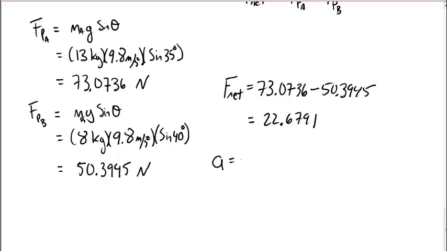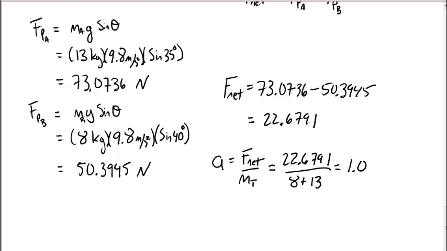My acceleration will be my net force, the force that is left over, divided by my total mass: 22.6791 divided by the total mass, 8 plus 13. And that is 1.07996 meters per second squared.